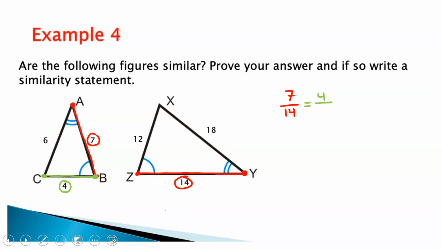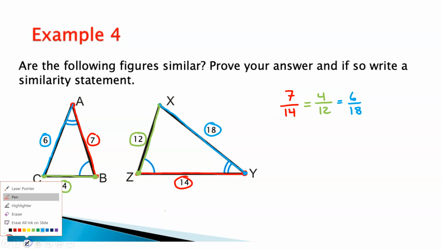Angle B had 1 angle symbol, which is angle Z here. And then angle C didn't have any angle symbols, so that is angle X. So we're going to compare that to 12. And then we have one more, which is, of course, the last one here from A to C, which is 6, over Y to X, which is 18.